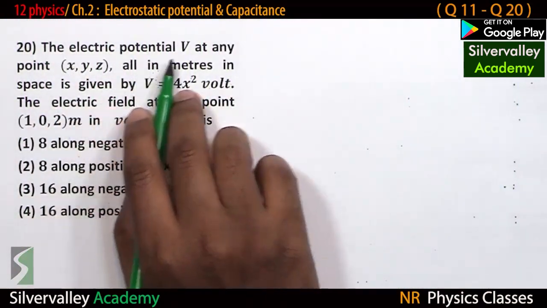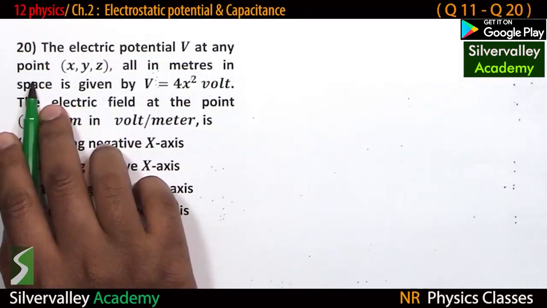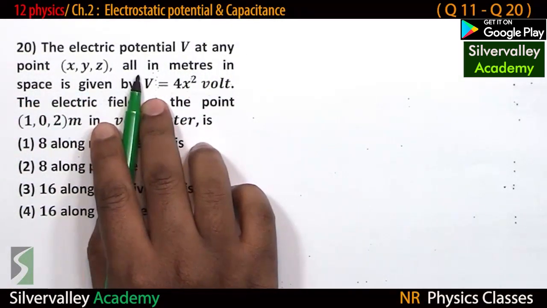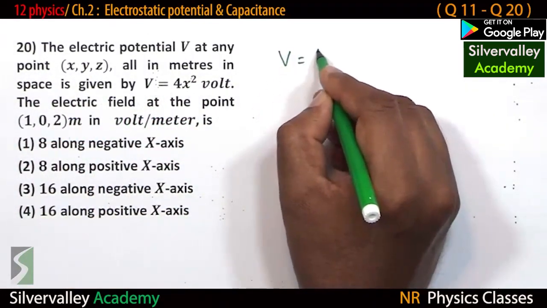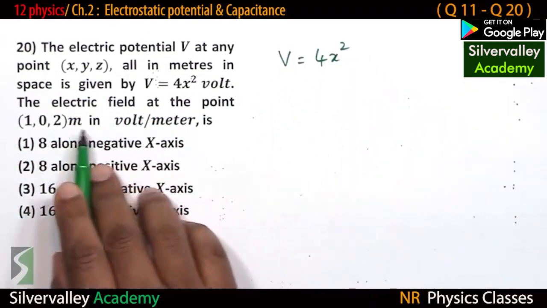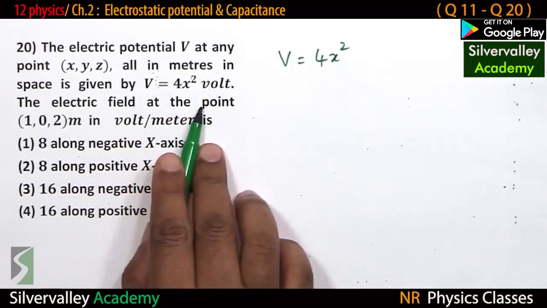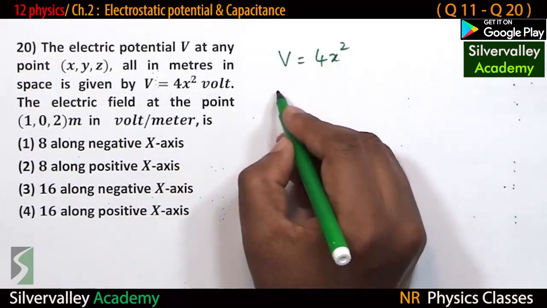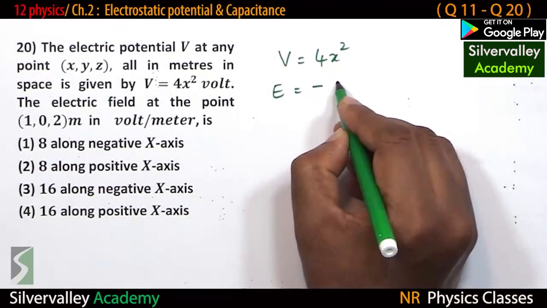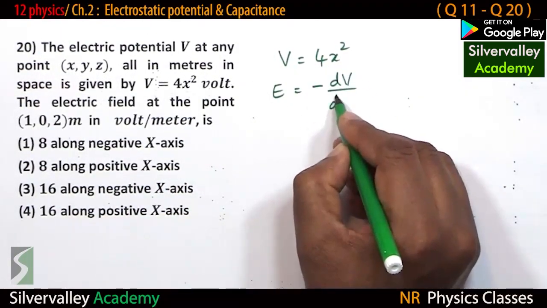The electric potential V at any point, all in meters, in space is given by potential is 4x square. The electric field at the point 1, 0, 2 is? Electric field equals negative potential gradient.